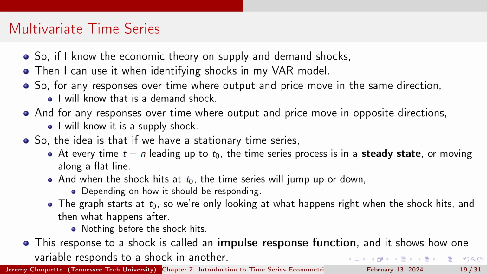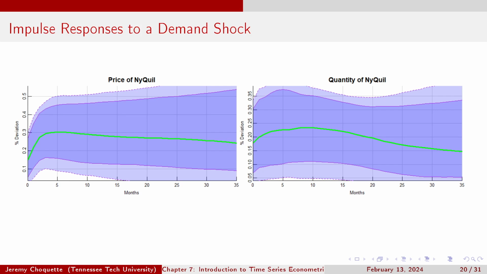Now, the response to this shock that we're trying to see here is what's known as an impulse response function. It shows how a variable responds to a shock in, say, another. So if I have a demand shock, I've got the price of NyQuil and the quantity of NyQuil here. Let's look at the price of NyQuil first.